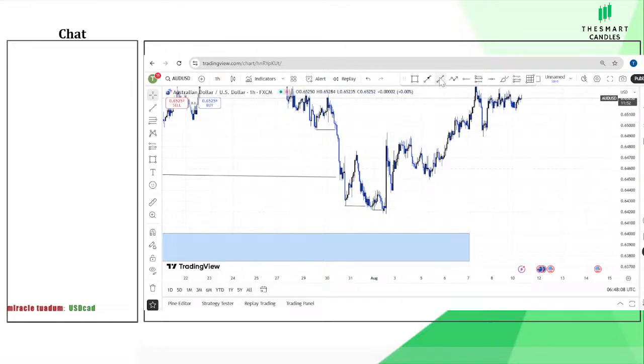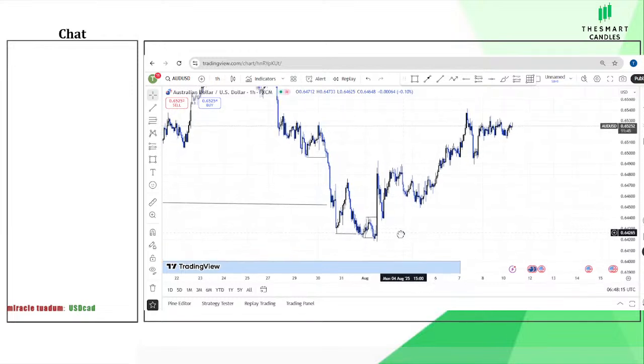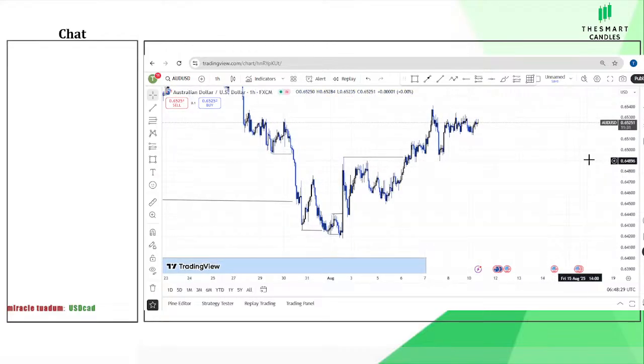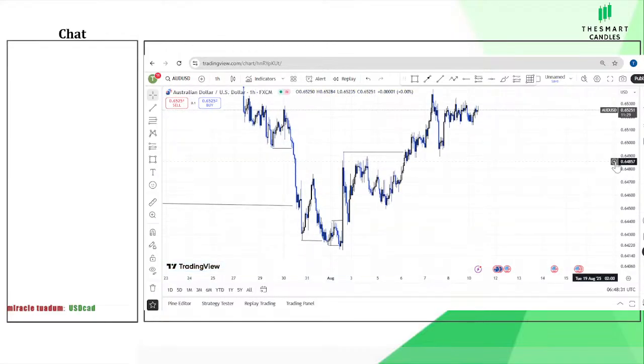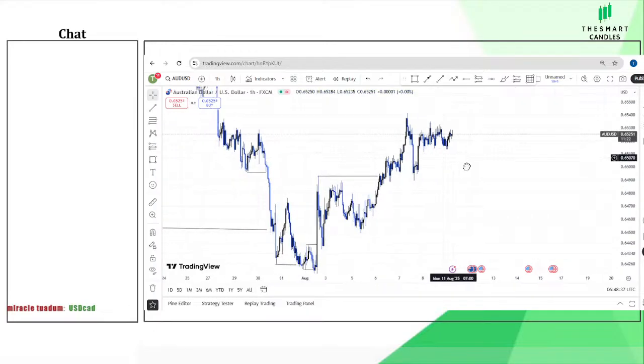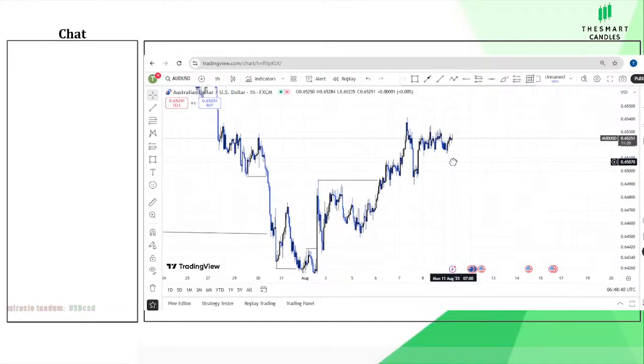There was a change of character at this point. And price has been bullish to the upside. So looking at the most recent price action, yeah, has been mitigated, but price is still responding to the upside.